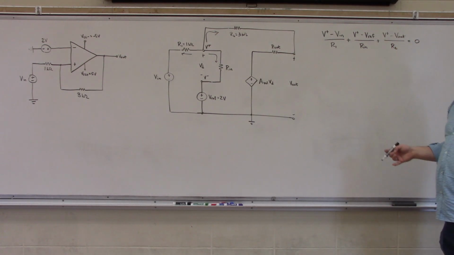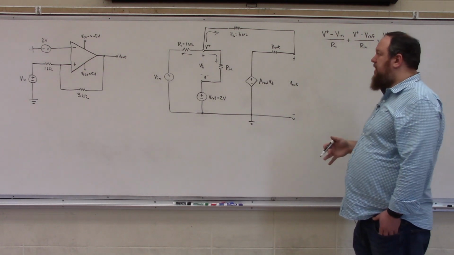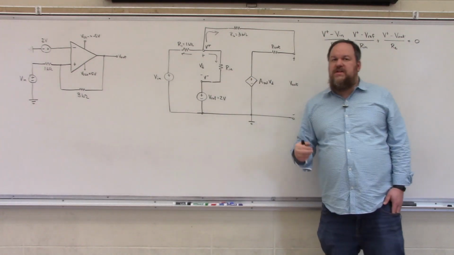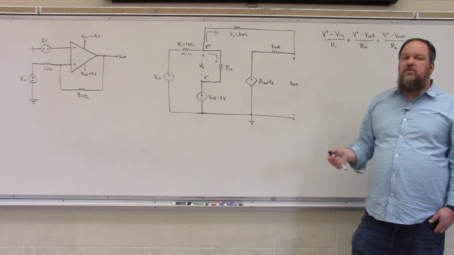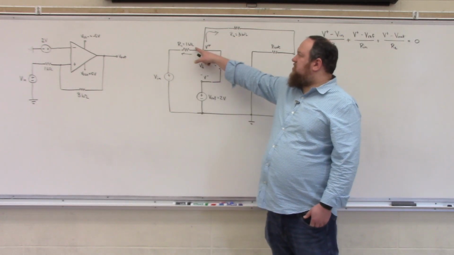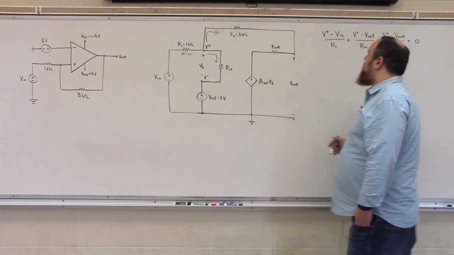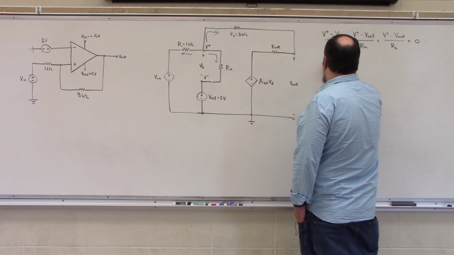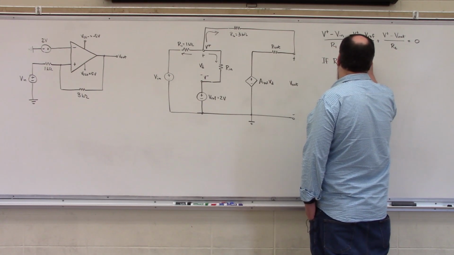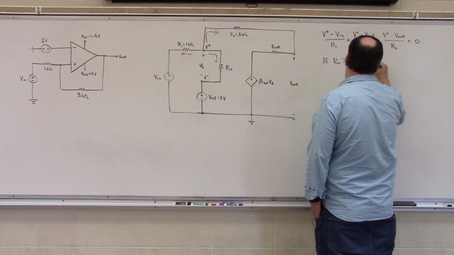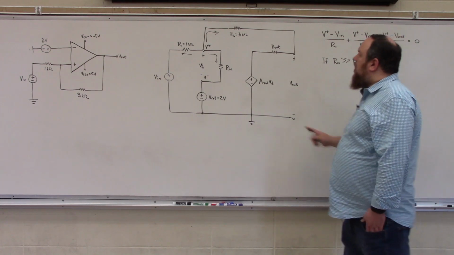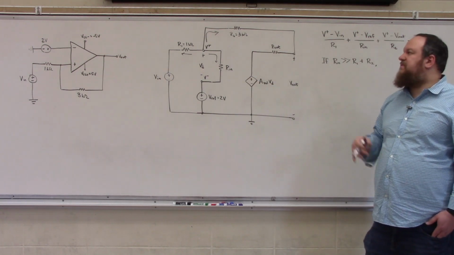Now we're going to make an assumption here, okay? And this is a very important assumption to make. The assumption that we are making is that our input resistance Rn, which is typically on the order of mega ohms to tera ohms, is much, much larger than our resistor R1 and our resistor R2. So if Rn is much, much larger than R1 and R2, then the current flowing through our input resistance should be very, very small.